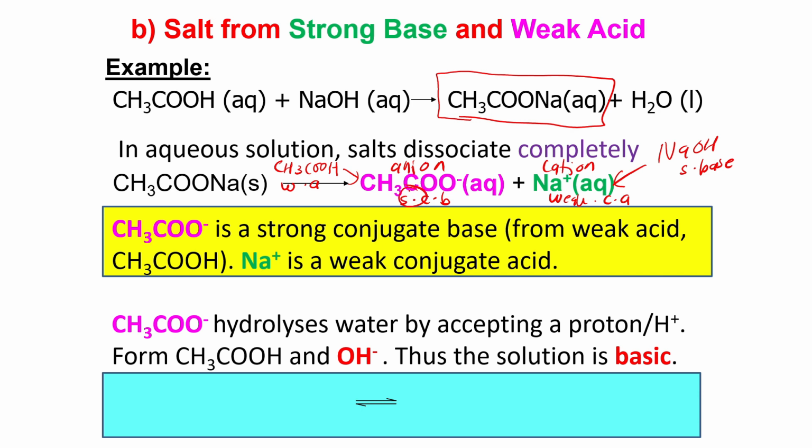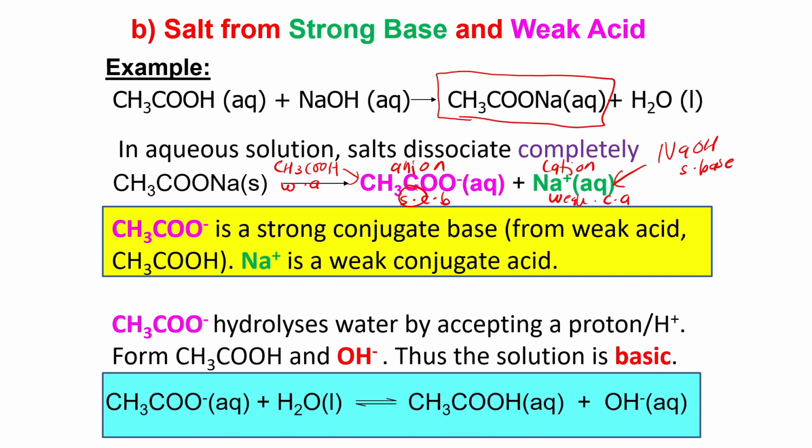So anion ni yang akan dipilih untuk menghydrolysekan water. So reaction CH3COO- with water, okay, will produce back CH3COOH and base OH-. So meaning this salt CH3COONa salt ialah basic salt dan dia ialah anionic hydrolysis because anion yang undergo hydrolysis.